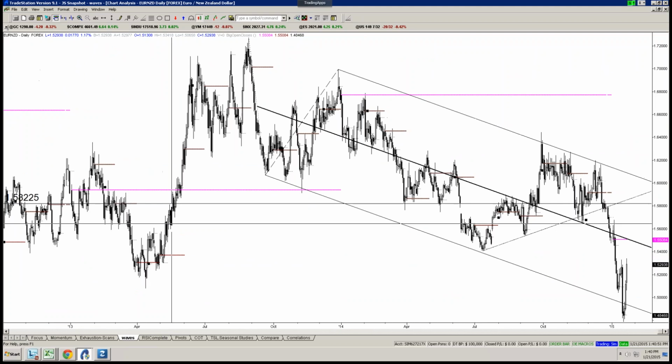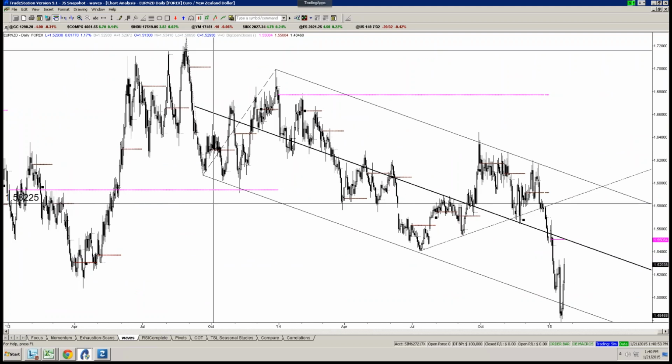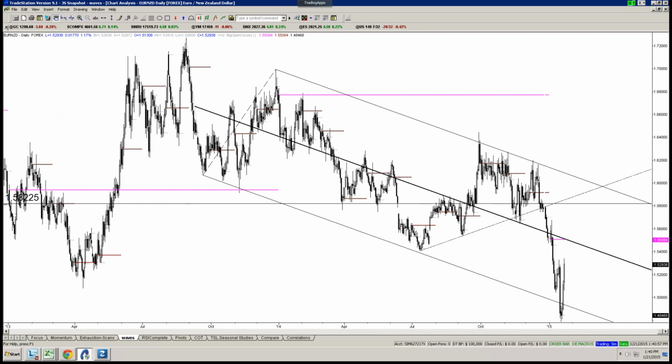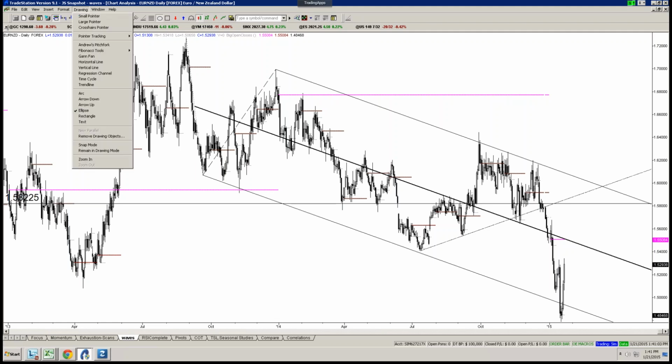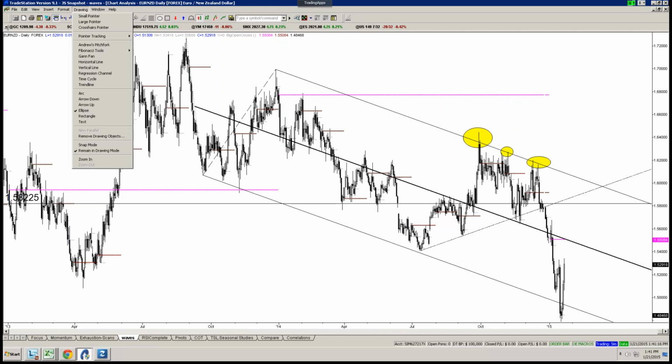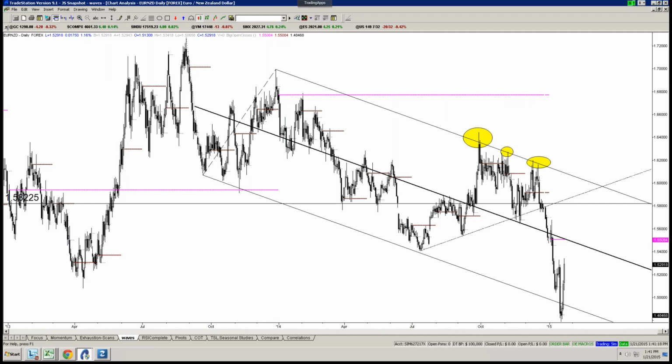So here's a structure that goes way back to the 2013 high, and you can see that you've got all kinds of tops along here, right? All kinds of tops. And then after dipping below the lower parallel, the market's rebounded.